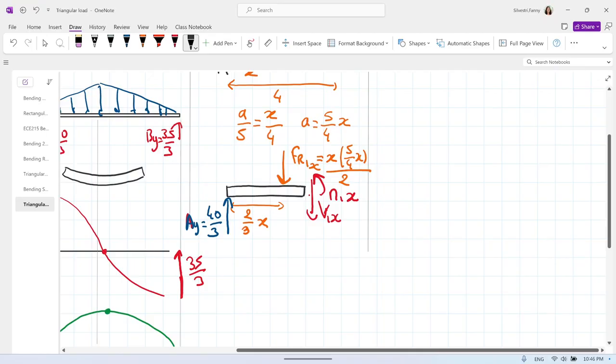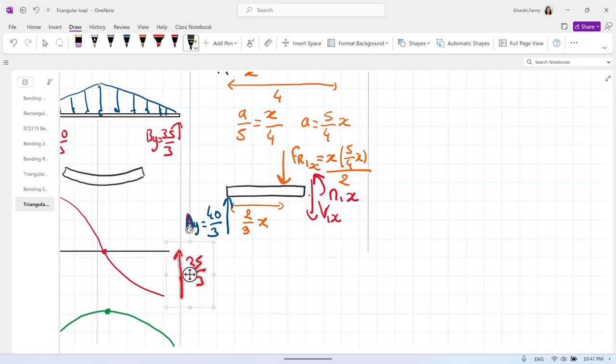Now I can do the equations to find the internal forces. If we do sum of the forces on y equals 0, we have ay, 40/3, minus FR1.